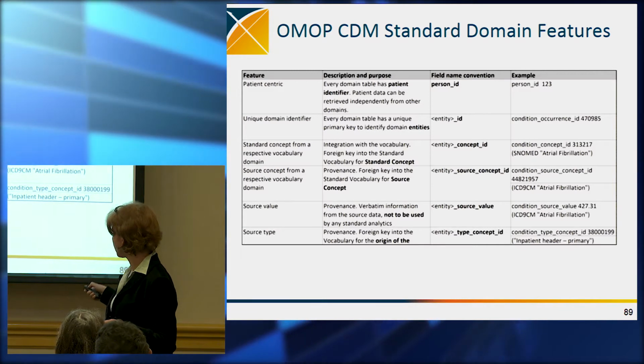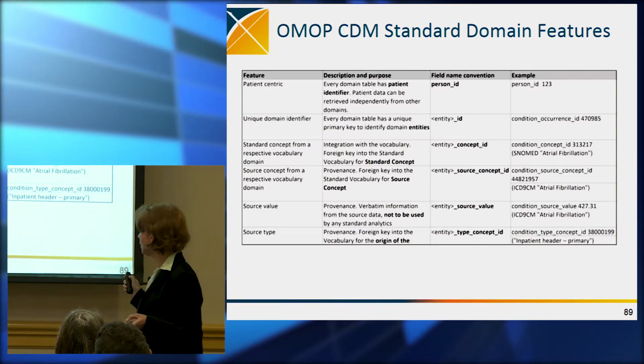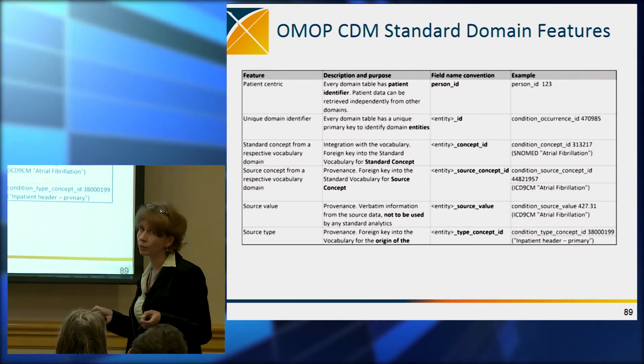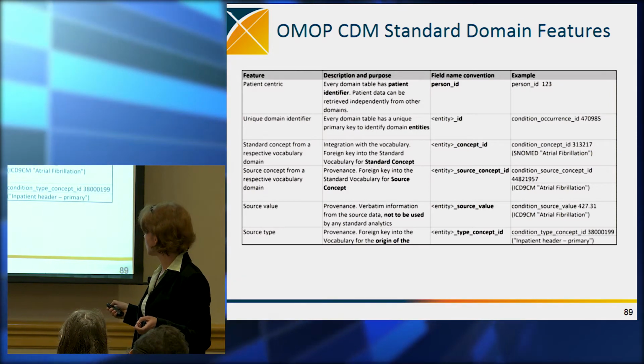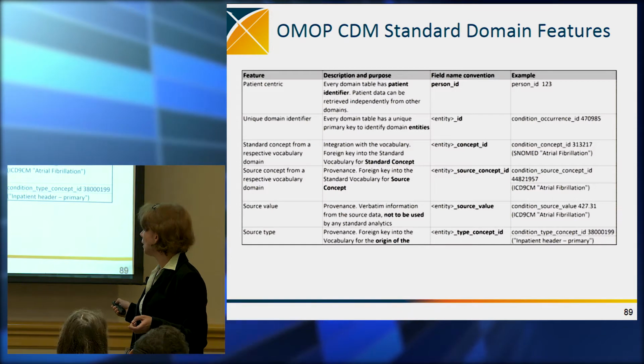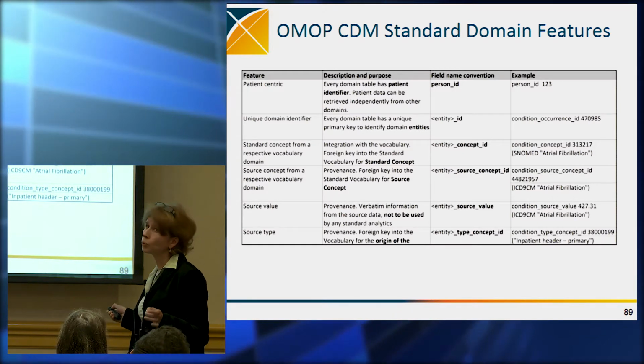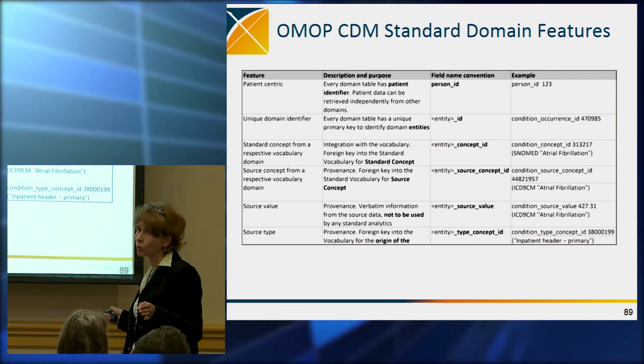Then there are several key fields that preserve the data provenance. This is the source concept ID. That works for the coded source concepts.